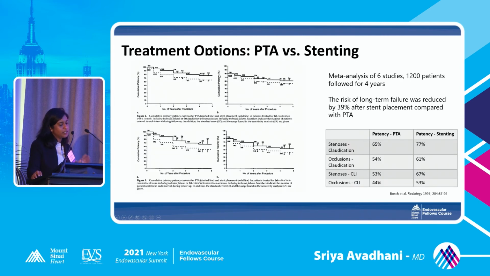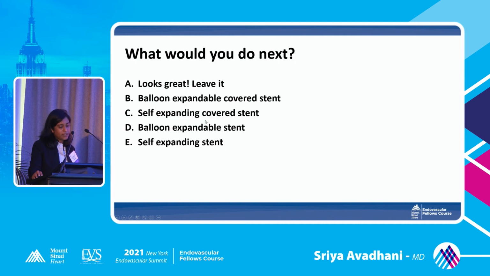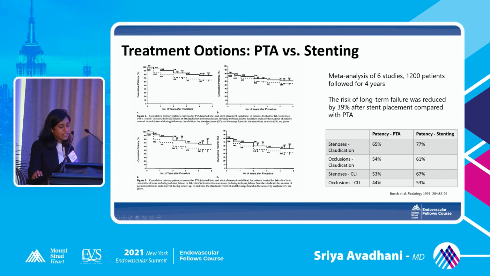So comparing just balloon angioplasty to stenting, we have limited data, but at the same time, better patency with stenting compared to just balloon angioplasty. This was a meta-analysis that looked at about 6 studies over 4 years, basically showing about a 40% better patency with stent.